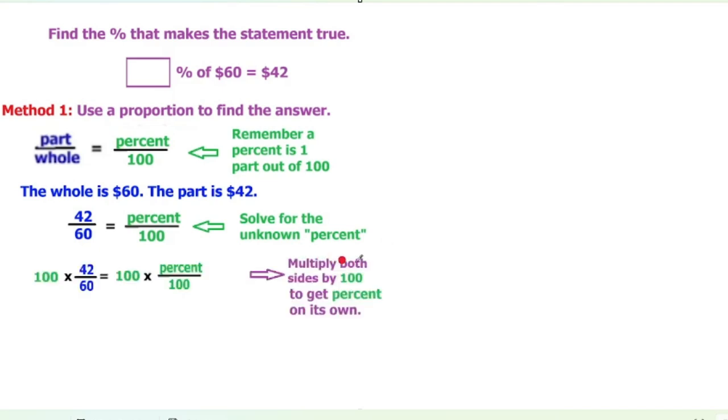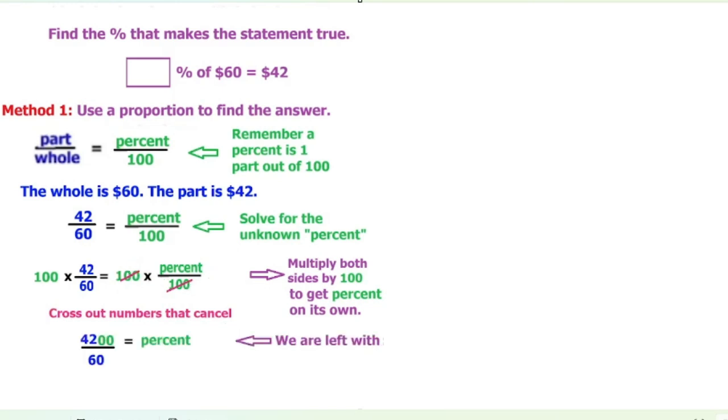So now we multiply both sides by 100 to get percent on its own. That's what we need to do. We want to undo the division of 100 here, and to undo that, we do the opposite of division, which is multiply by 100. Now these cancel out, and we're left with percent on its own, and we're left with 4,200 over 60.